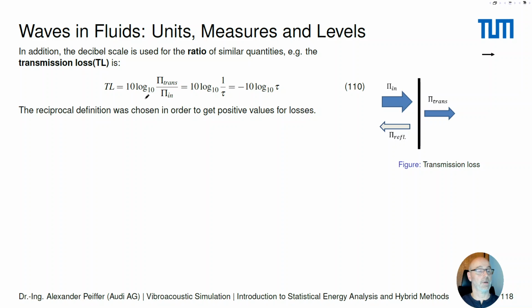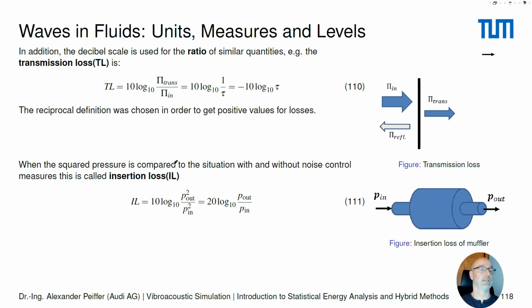And if we just write this down in the logarithmic value, we call this the transmission loss. You may note that the definition of tau is exactly reciprocal. So this is the incoming divided by the transmission. This is why we have to use the reciprocal version here and a minus here. Why is this done? The idea is that we would like to get positive values for losses. That's a practical thing.